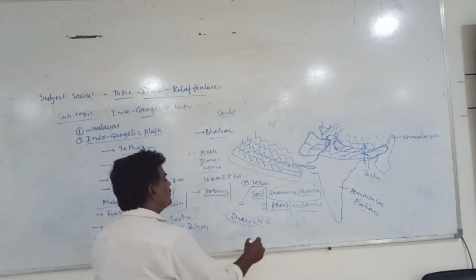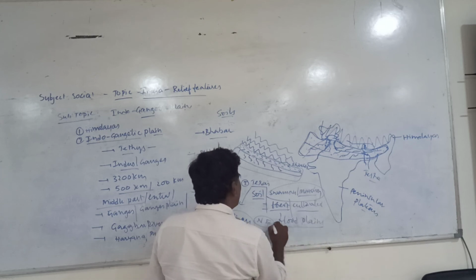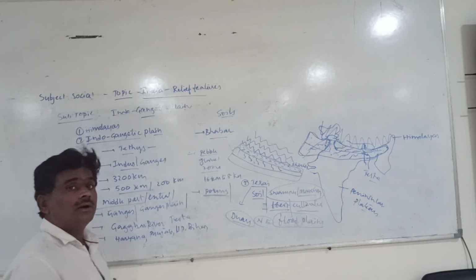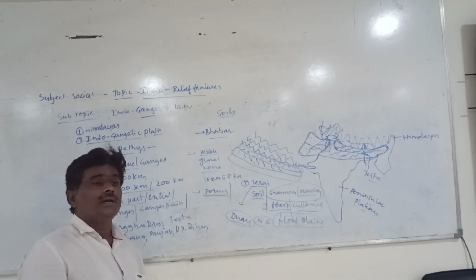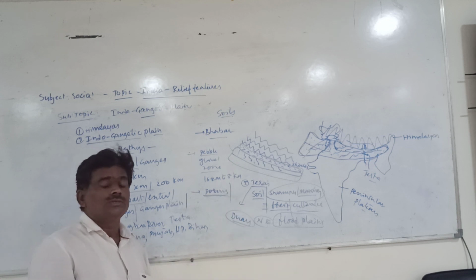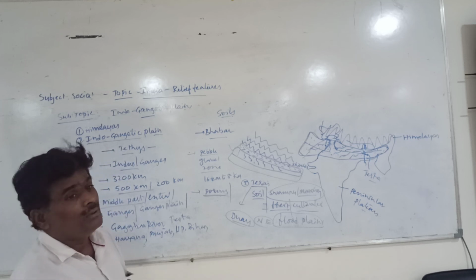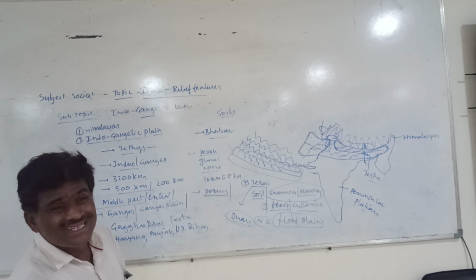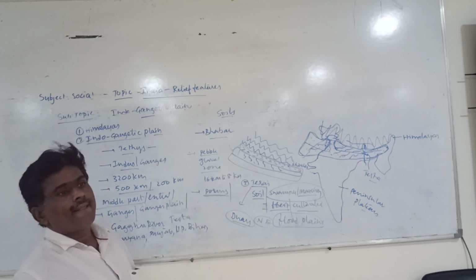Nothing but flood plains that are formed by the flood of a river. When a river comes with speed and many sediments, they are deposited on either side of the main course of the river, so either side of the river forms a fertile soil belt. We call it flood plains, plains formed by a river on either side of the river.